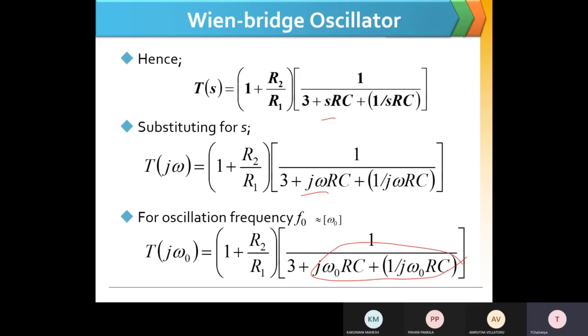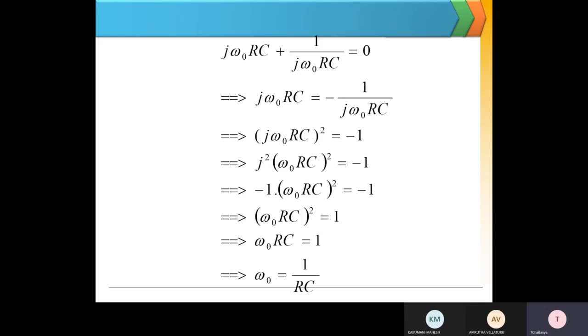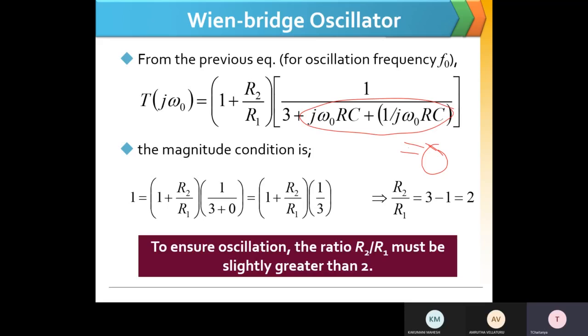We know the transfer function of a feedback amplifier is 1 plus RF by R1 into the transfer function. From this we can replace S by j omega. At every S we replace it by j omega, and we get this kind of expression. Finally, omega naught equals 1 by RC, which is the angular frequency for the Wien bridge oscillator.